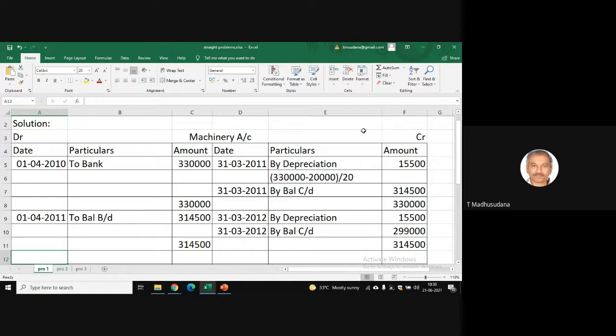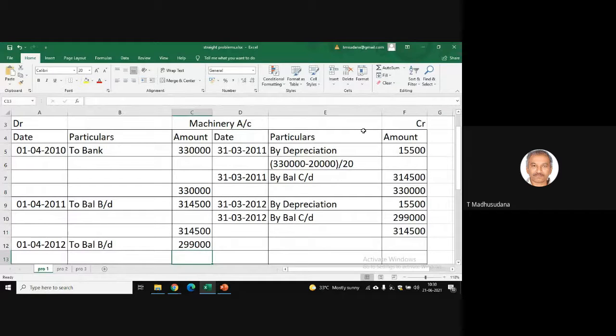Next year first date 1/4/2013. Sorry, 12. To balance brought down. It is 2,99,000. Okay, so 2 years completed.